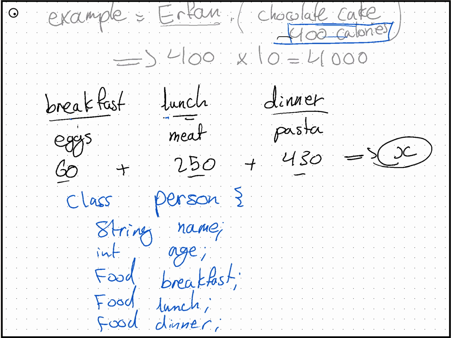And then she can add this up essentially by just having a calorie count of it. Or since she doesn't care about the meat, the eggs, or the pasta, these can all be just int.